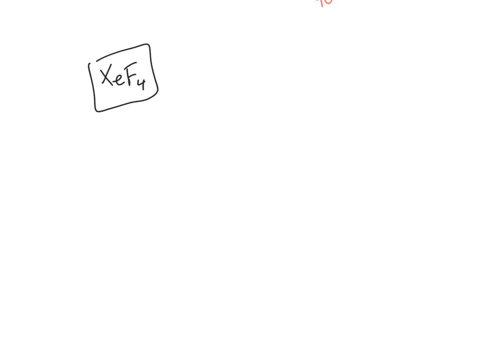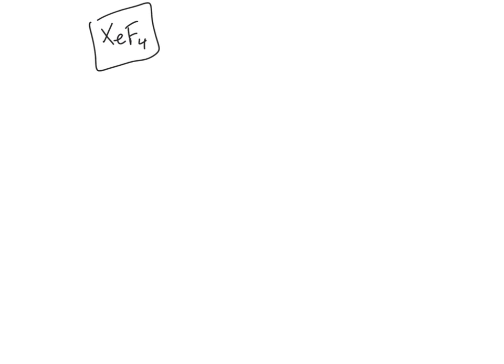I don't know if you've ever seen these molecules before, but there's a whole series of molecules made from xenon, which are not as stable as you would think. Xenon is not supposed to have any bonds at all, right? But these molecules were synthesized by a professor at UC Berkeley in the 60s, so they're pretty well known by now, but you wouldn't necessarily think that they could form.